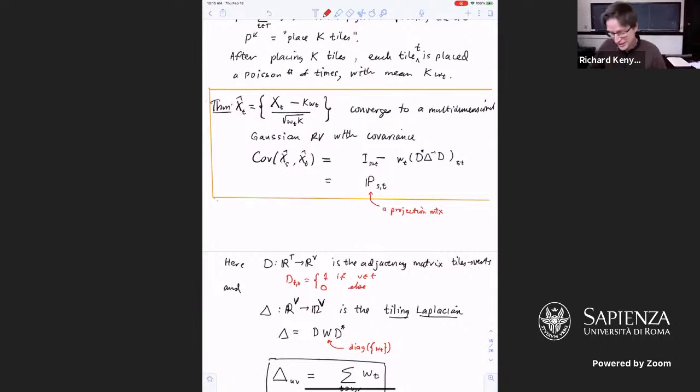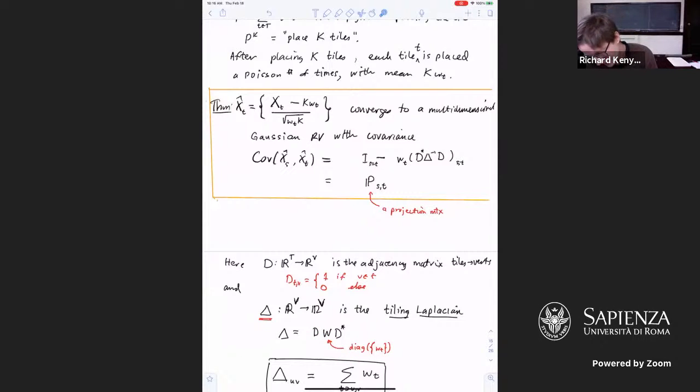It's just the incidence matrix between tiles and vertices. And then the Laplacian matrix has this formula. D star is just the transpose of D. So you take D star times W, the diagonal matrix of weights, and then D again.